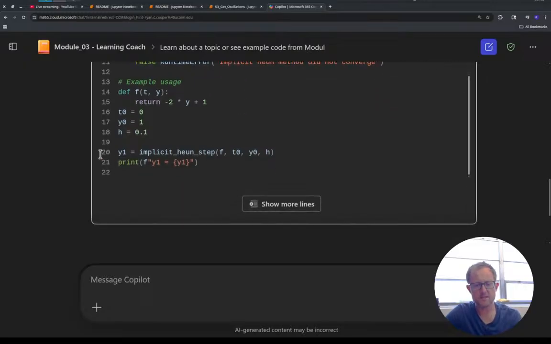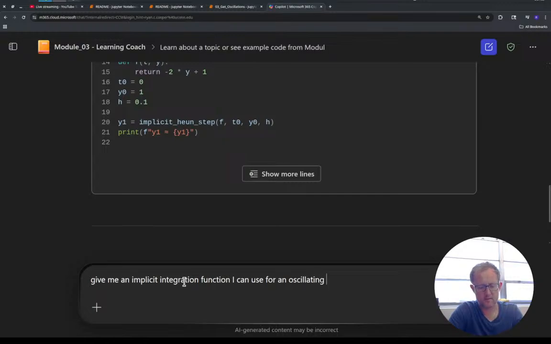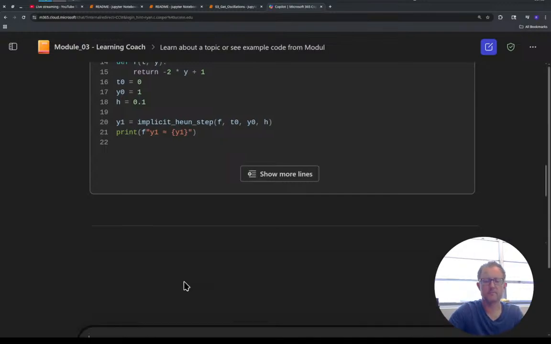So that makes sense. So let's try: give me an implicit integration function I can use for an oscillating pendulum.